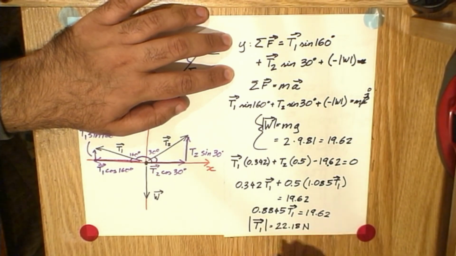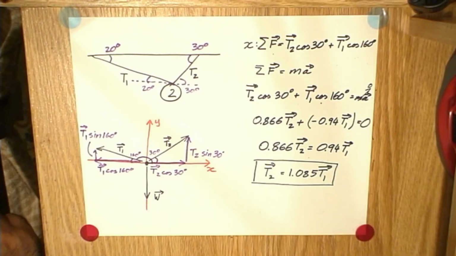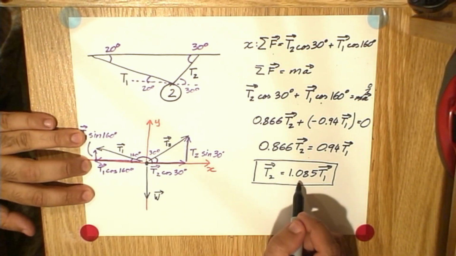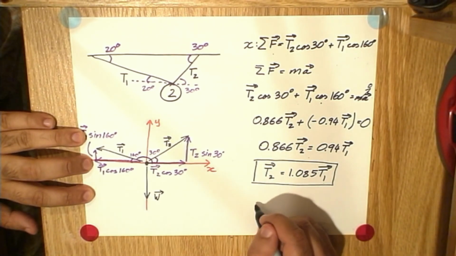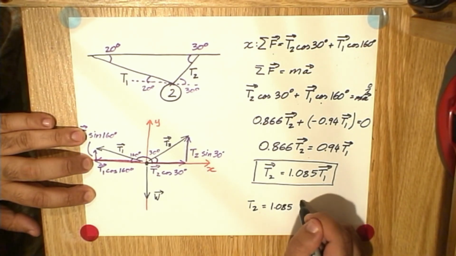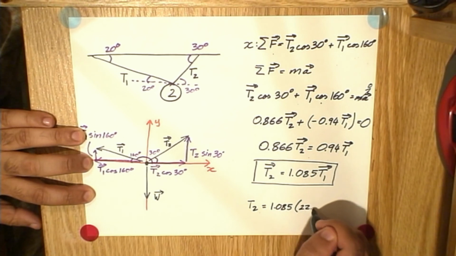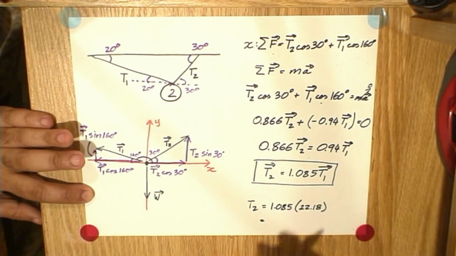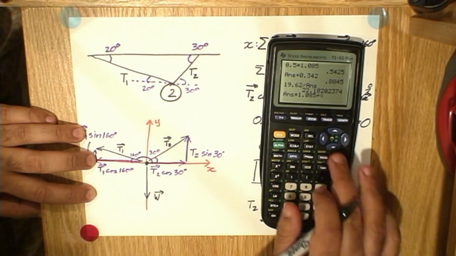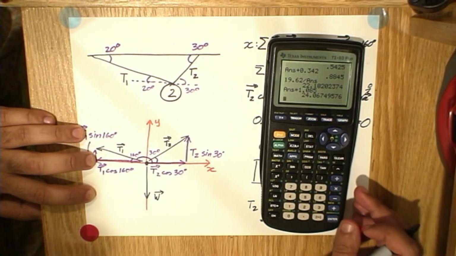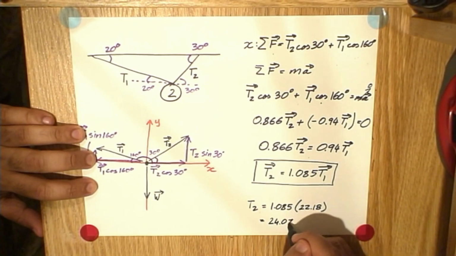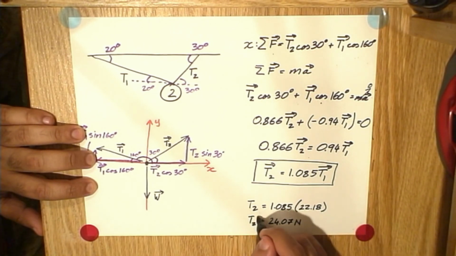That is the size of T1. Finally, going back to where we started from, since we know that T2 is equal to 1.085 times T1, that means that T2 equals 1.085 times 22.18, which is 24.07. This then is the size of T2.